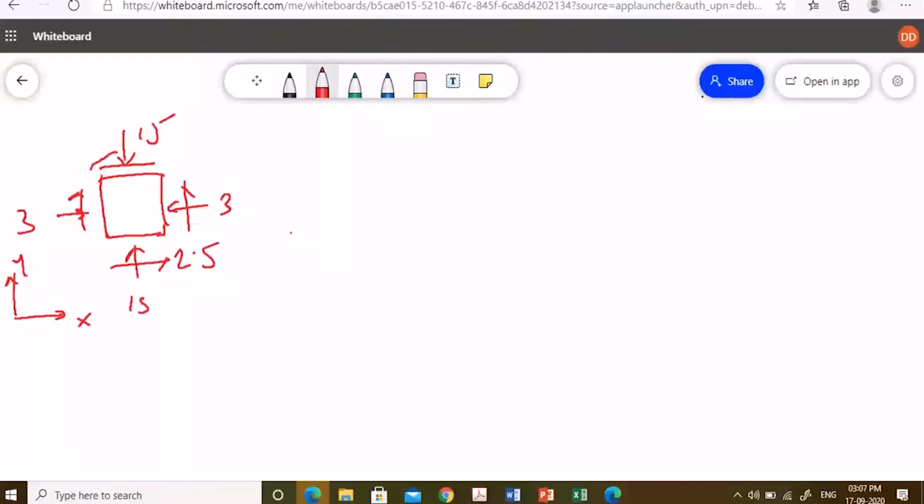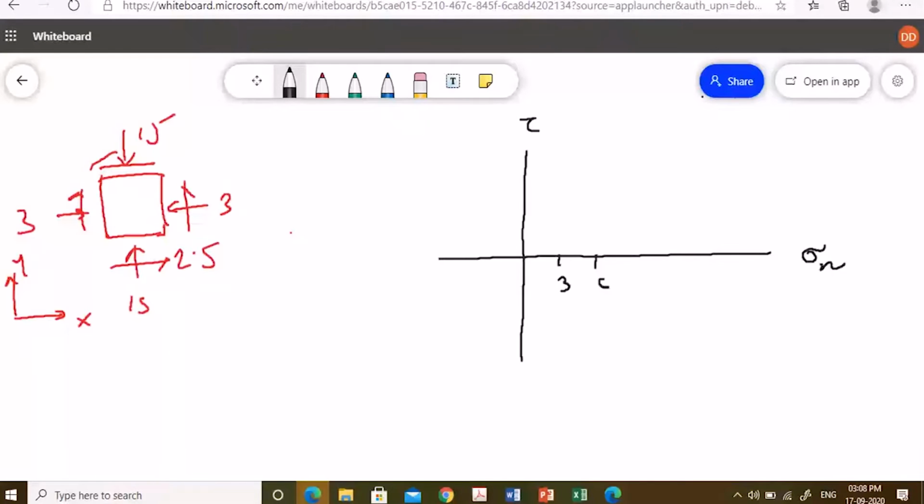Now, if you remember, we have to first draw the 2 axes. This will be our normal stress axis, and this will be our shear stress axis. And we will grade the same way. Now, since you are saying it is 15 and 3, we can go by 3, 6, 9, 12, and maybe 15.